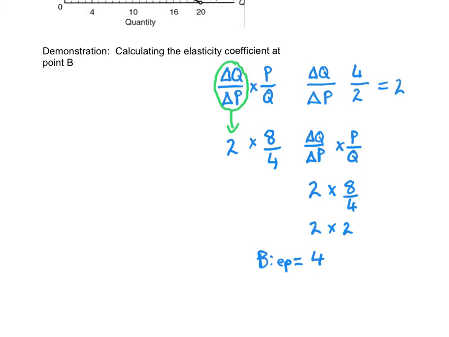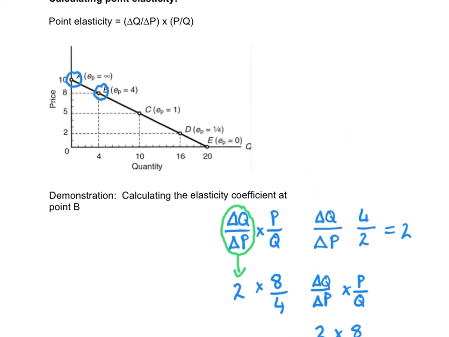Now, what you should notice for any linear demand curve, as can be seen from the diagram that we were working with over here, as we went down the demand curve, initially from a price of 10, the coefficient goes to 4, then to 1, then to a quarter, and then finally to 0.